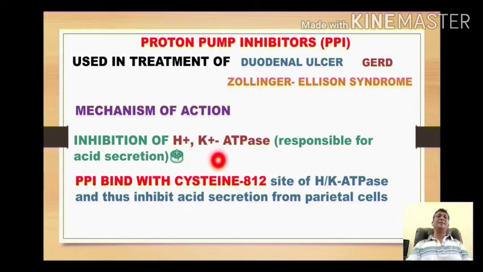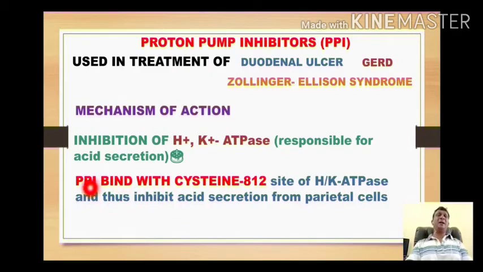Now, as it is, the proton pump is also made up of proteins, and the ultimate units of protein are the individual amino acids. So, the proton pump inhibitors are found to bind with the cysteine amino acid, which is present at the 812th site of the hydrogen potassium ATPase pump.